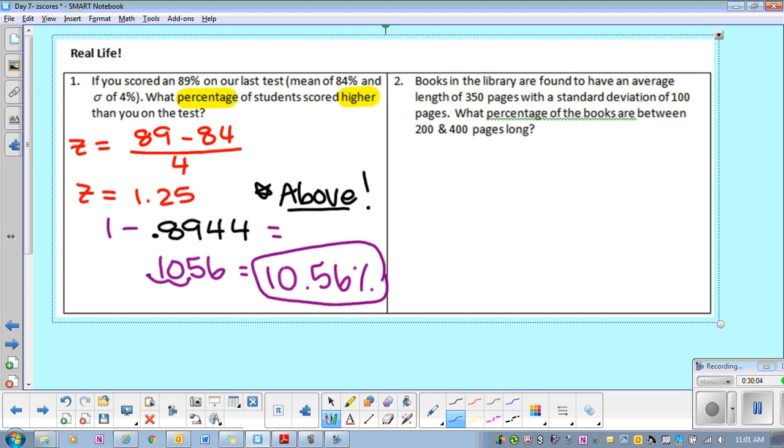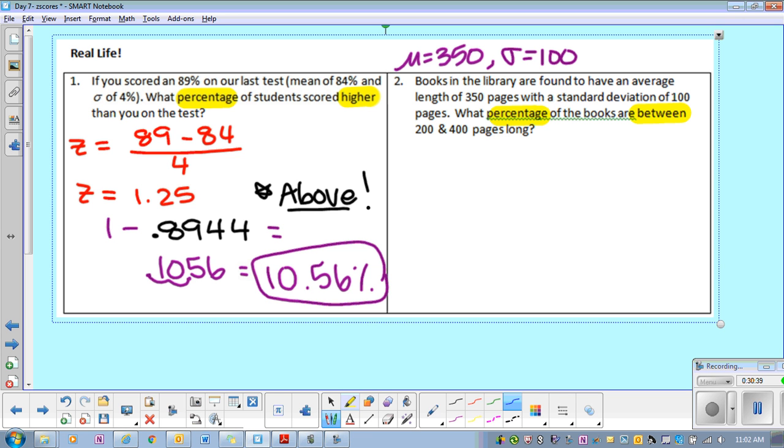Books in the library are found to have an average length of 350 pages. So mu equals 350, with a standard deviation of 100. What percentage, so move your decimal point, of the books are between 200 and 400 pages long?